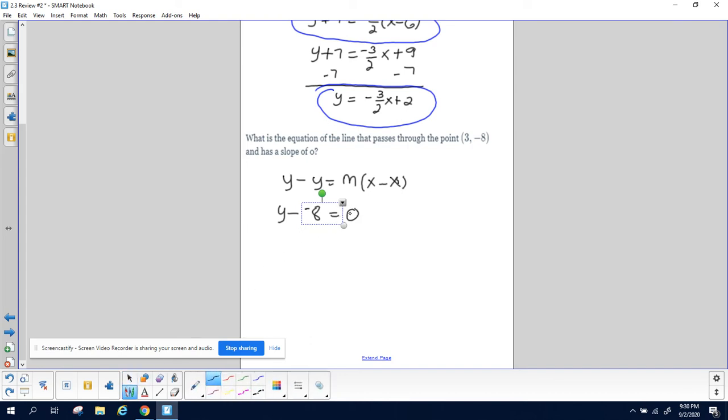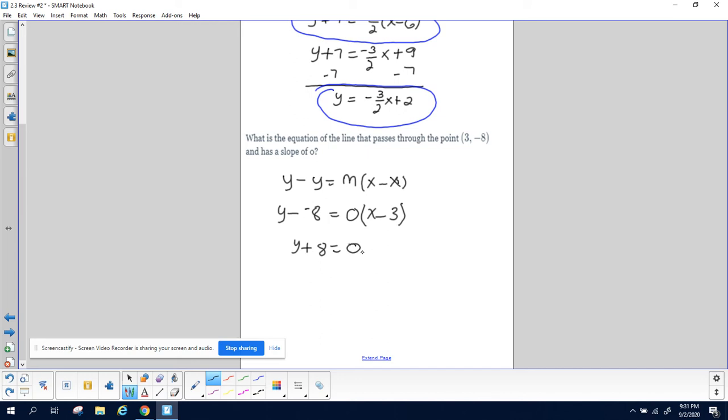And then parentheses, x subtract, the x number is always in front of the comma. So when you fix this one up, you have to subtract negative to positive, so y plus 8 here, and then 0 times this is 0.